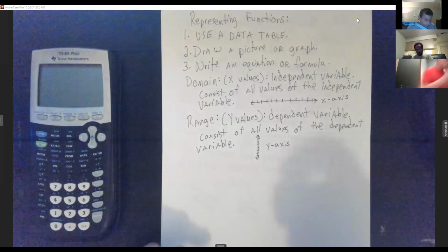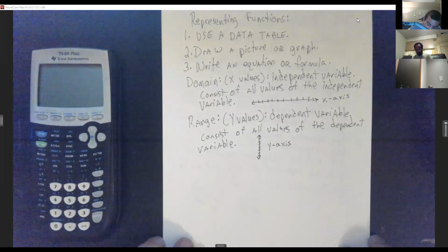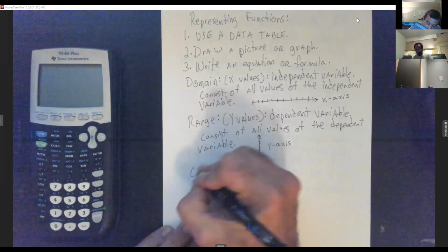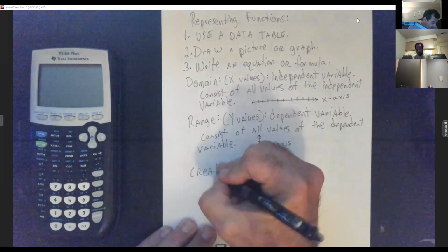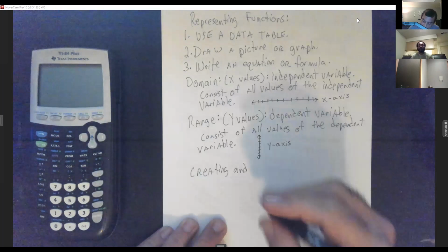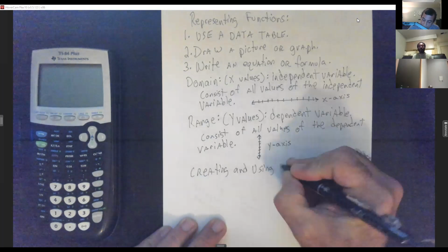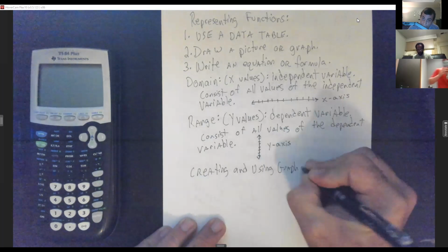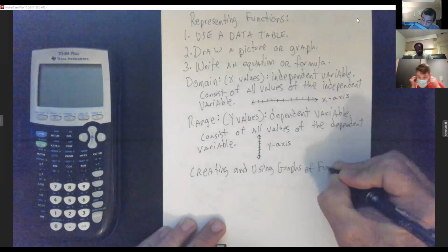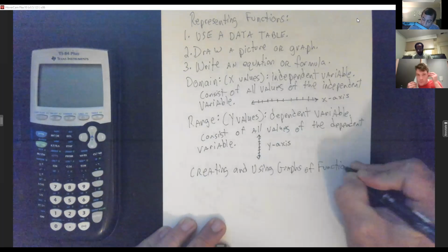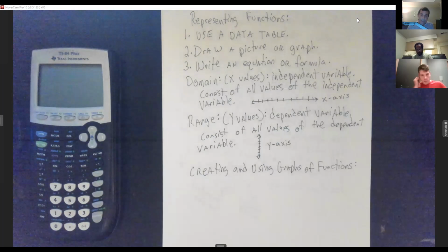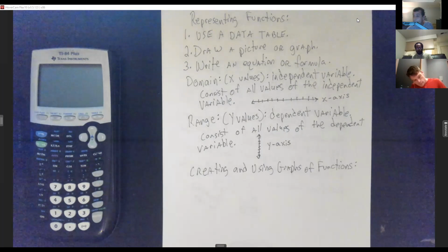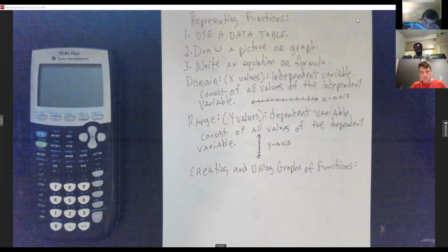So here's some tips on creating and using graphs of functions. Okay, so let me see, I got about 4 steps for this one also, okay?